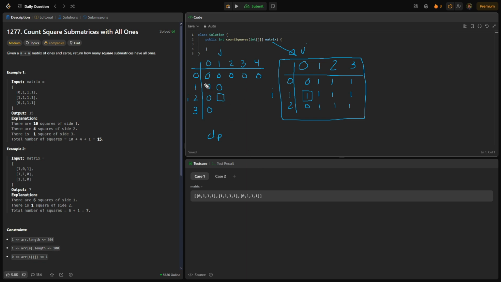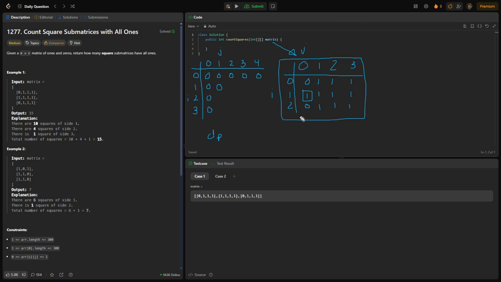But the first thing we're going to do is consider, can this section become a square? Now we know because this is on the leftmost side of our array, it can't, and these two are zeros at all times, but that's basically how we're going to be treating it. So we're going to check the values of these 3 values, and we're going to use that to update this value.